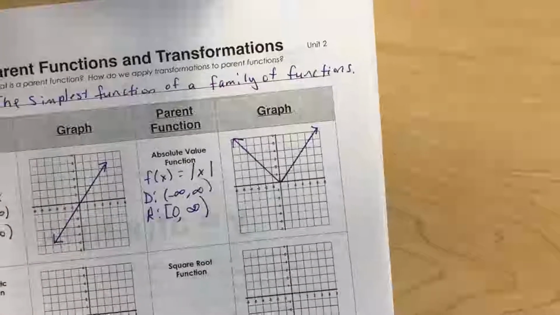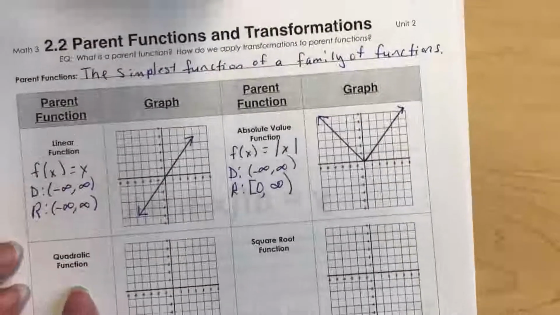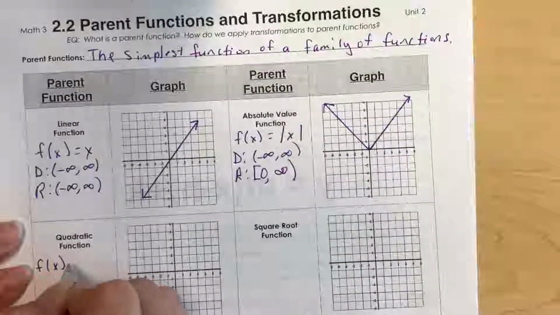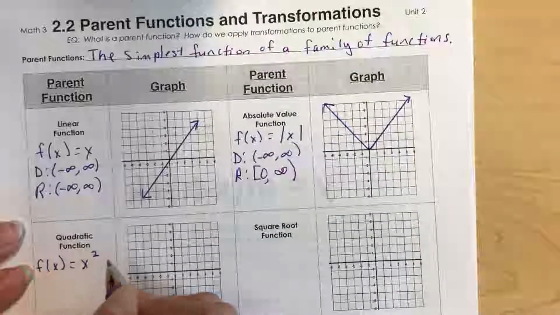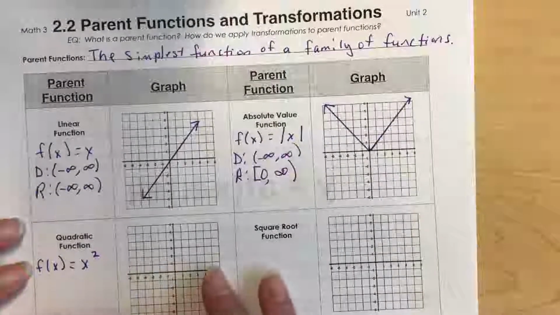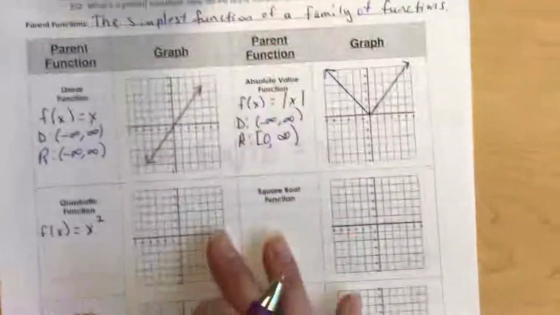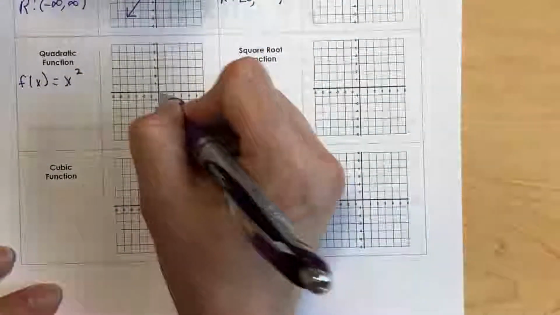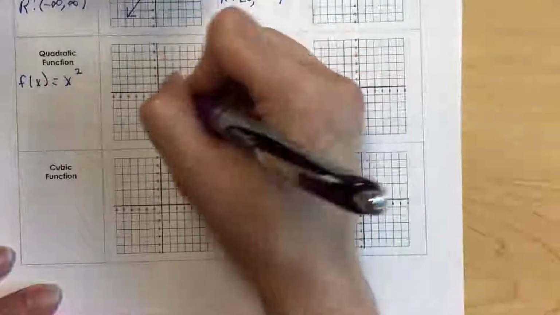All right, then we have the quadratic function. That one is f of x equals x squared. This one is always going to be a parabola shape. It's going to be a U shape centered at the origin.